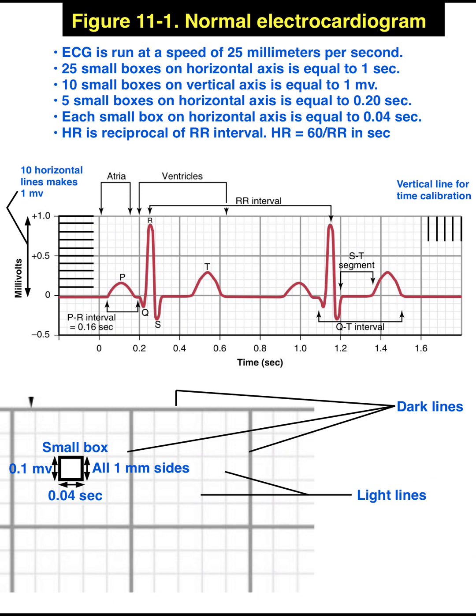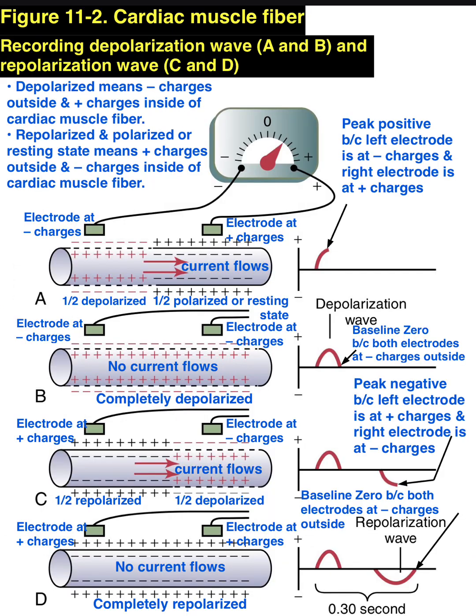Heart rate is reciprocal of RR interval. Heart rate is equal to 60 divided by RR interval in seconds. This figure represents recording depolarization and repolarization waves in cardiac muscle fiber by a meter with 2 electrodes, negative and positive electrode.